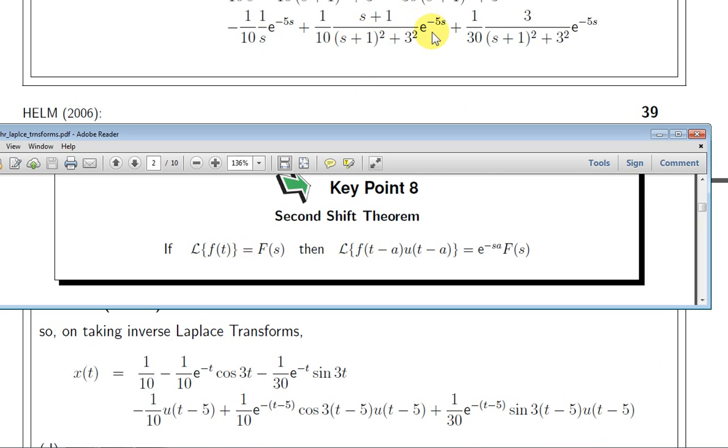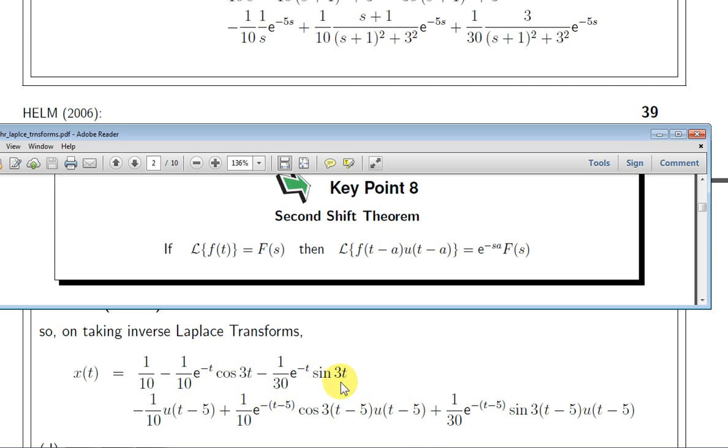That's this term here without the exponential. We know that that's e to the minus t cos 3t, but we have to get little f of t minus a, where a is the power here, which is 5. So we look to this term here, e to the minus t cos of 3t, and replace t with t minus 5. So we just take the t in this and replace it with t minus 5. And we'll have cos of 3 times t minus 5 here, and then we have to multiply by u of t minus 5.